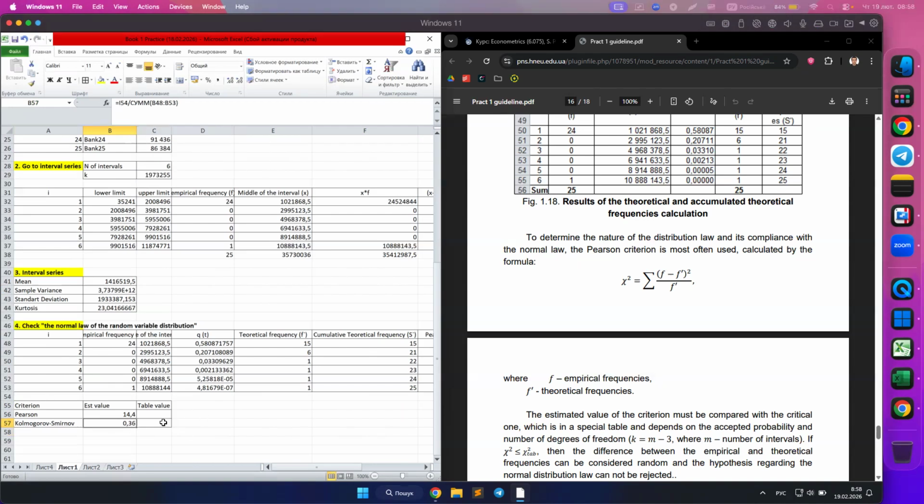For Kolmogorov-Smirnov, this value is 0.27. For Pearson, the table value we have to find with a formula. So how can we do it? We create the formula Хі2 обер, or in English, Chi square. For Pearson the table value is calculated using the function Хі2 обер, or in English, Chi2 square. What is this function? It allows us to compare the estimated value with this table value. If the estimated value turns out to be larger, it means we have no normal distribution law. If the table value turns out to be larger, we will have a normal distribution law.